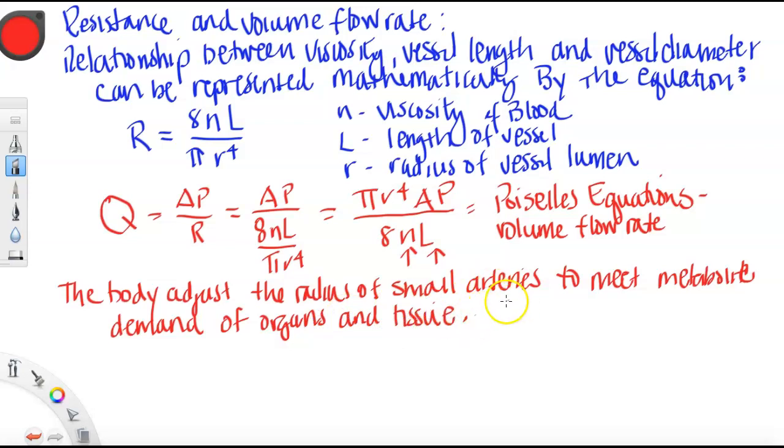And it adjusts the radius basically of arterioles, which feed capillary beds, which makes the most effect. I mean, r to the fourth here, divided through, that makes a huge effect if you change that number, since it's to the fourth power there.